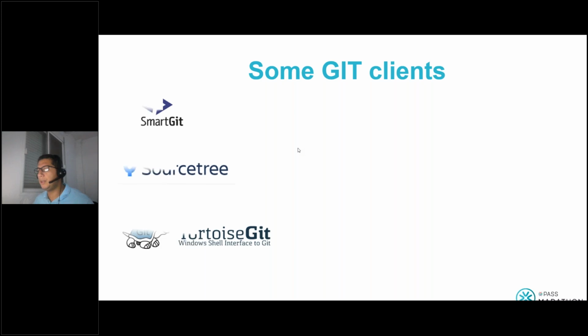Probably in the majority of cases, you will never work directly with Git Bash or this kind of command line tool. Probably you will have the opportunity to use SmartGit, SourceTree, TortoiseGit, or other different clients. But the most important thing at the end of the story is to understand what we are doing.